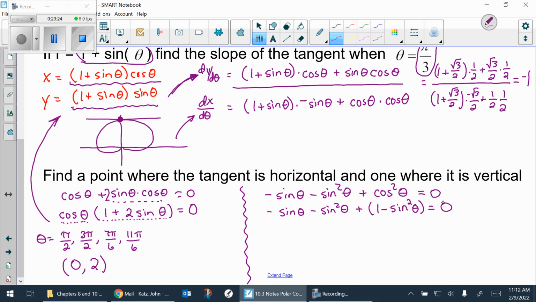Now, if I combine like terms and rearrange this just a bit, I know I got a 1. I know I've got a minus sine theta. And I know I've got minus 2 sine squared theta. And that is equal to 0.